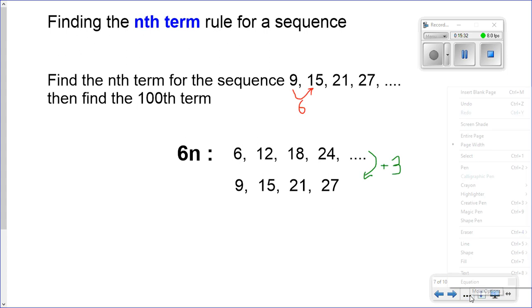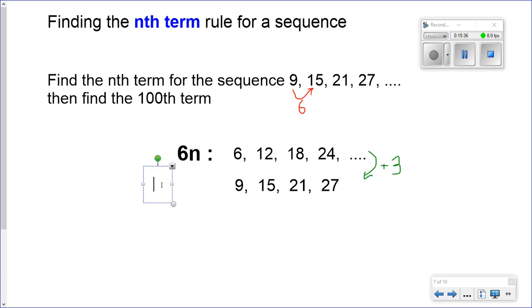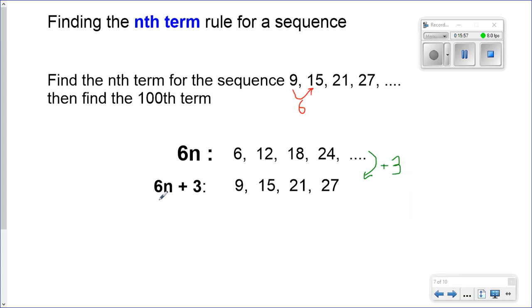So what does that mean for our rule then? Well, our rule definitely involves 6n, but it has to be the 6n sequence plus an extra 3. So our rule that generates the sequence 9, 15, 21, 27 is the rule 6n plus 3.